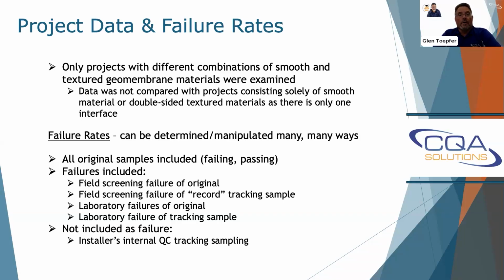I didn't record them unless they called it a sample that was ready for the laboratory, a sample of record. Then laboratory failures, obviously, of the originals, and laboratory failures of the tracking samples. So those were what's included in the rate. And I know there are different ways of calculating it, like I mentioned.